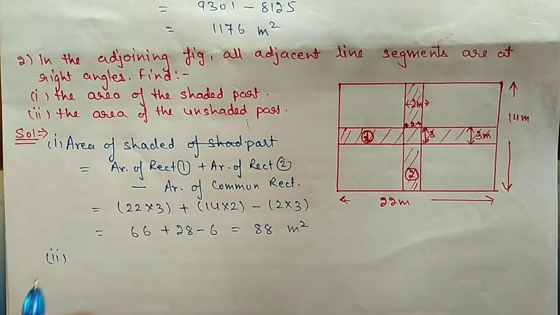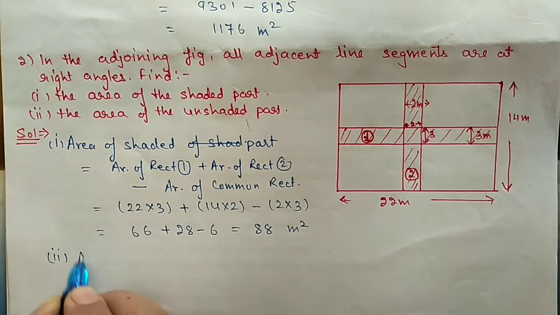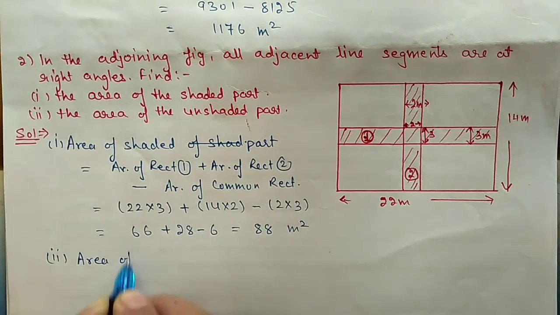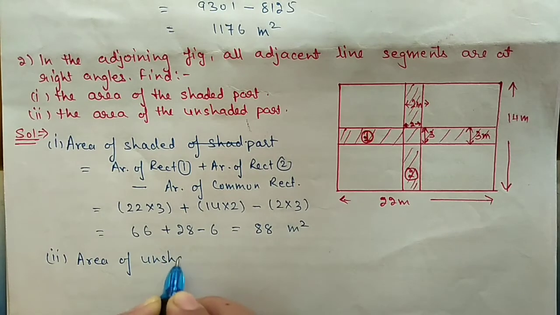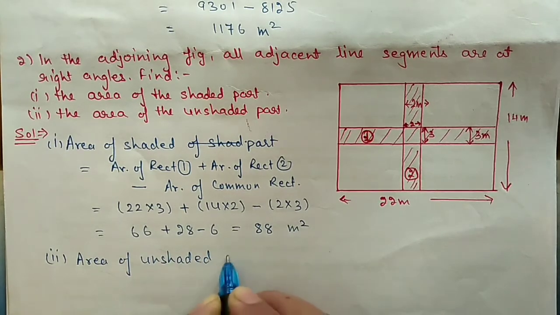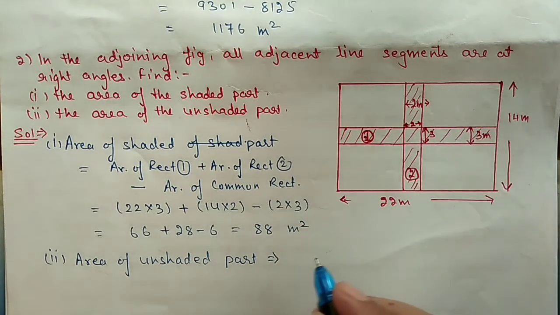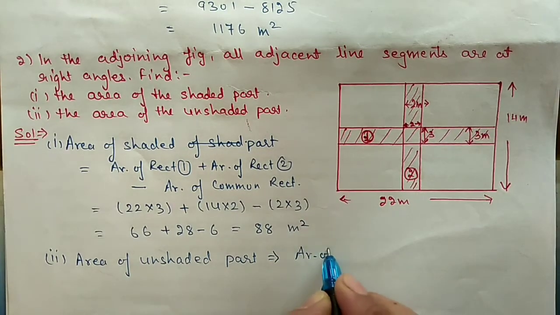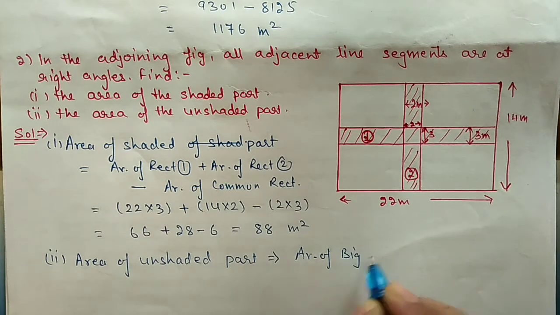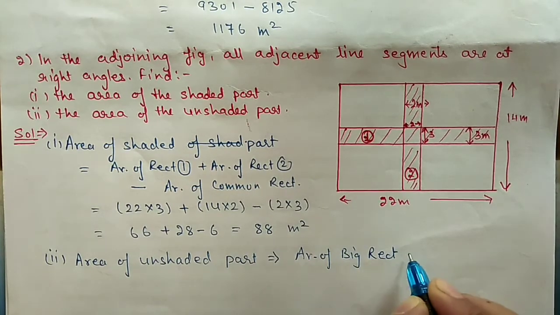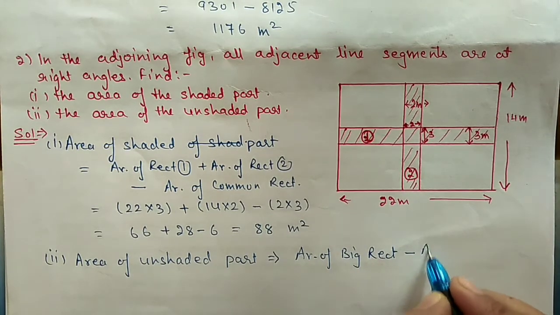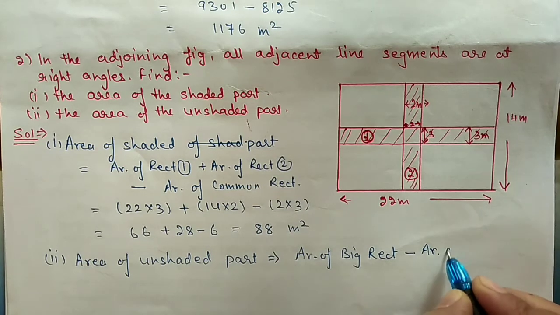Second part, we have to find the area of the unshaded part. For that, we can find the area of this big rectangle, and we can remove the area of the shaded part from this.